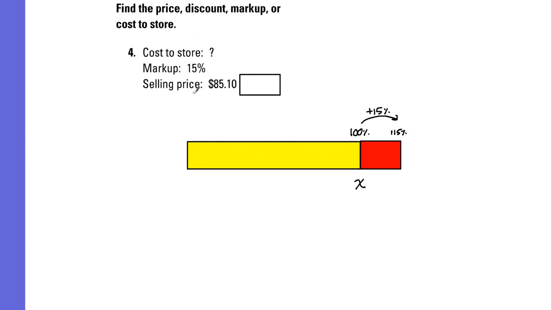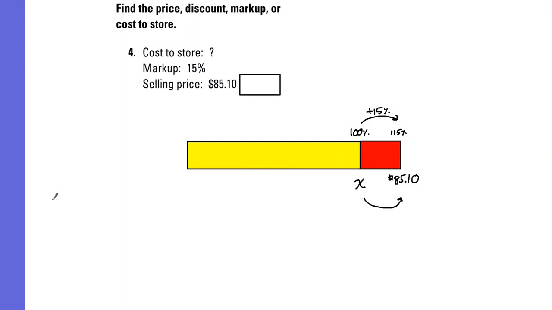Then I know that after that markup, which I don't know how much that is as an amount of dollars, I have a selling price of $85.10.